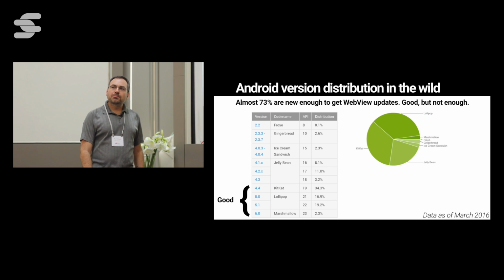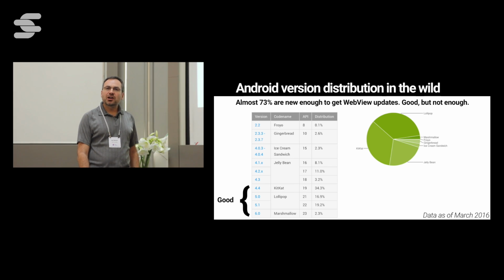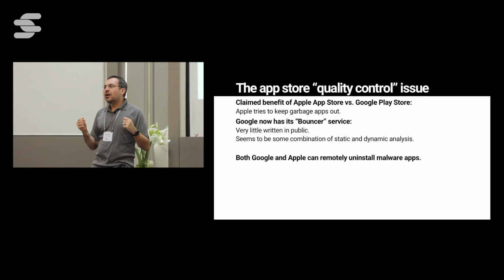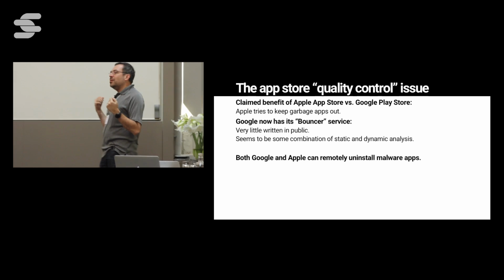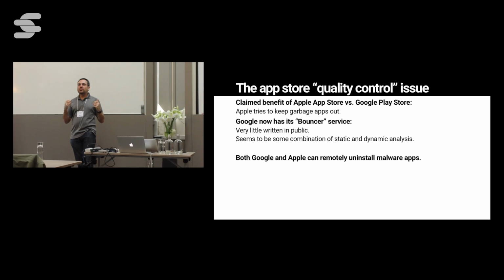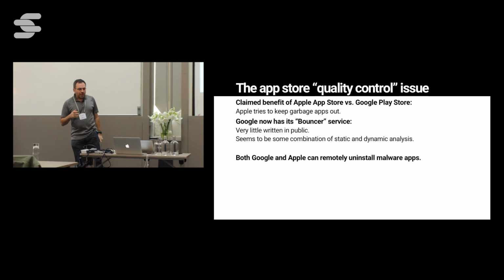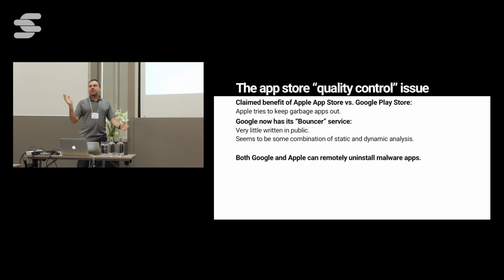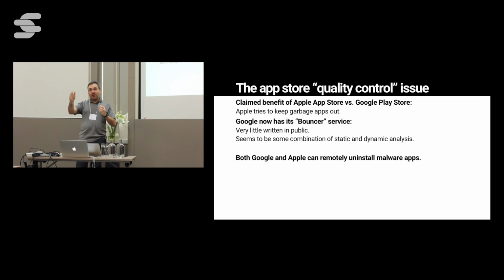So here's another common thing that people like to talk about for iOS versus Android, which is how good are they at keeping bad apps away from users. In the early days of Android, you could publish anything, and it was just instant. You publish your app, it's on the App Store, they ship it immediately, done.